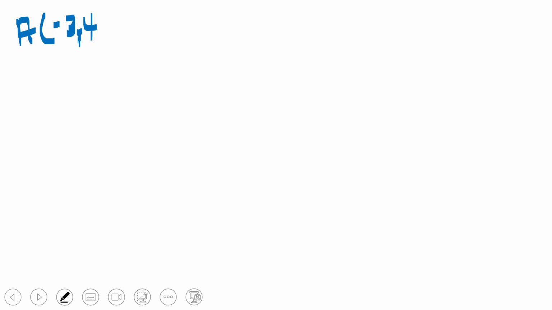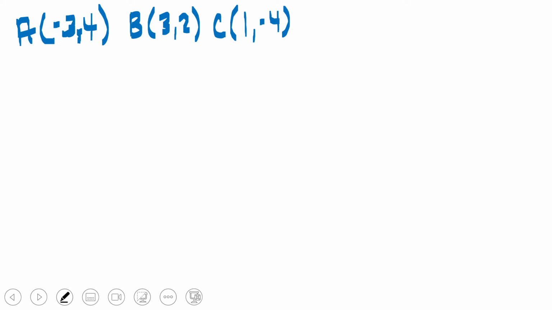Okay, we're given points such as A is negative 3, 4. You can see that. B is 3, 2. C is 1, negative 4. D is negative 2, negative 3.